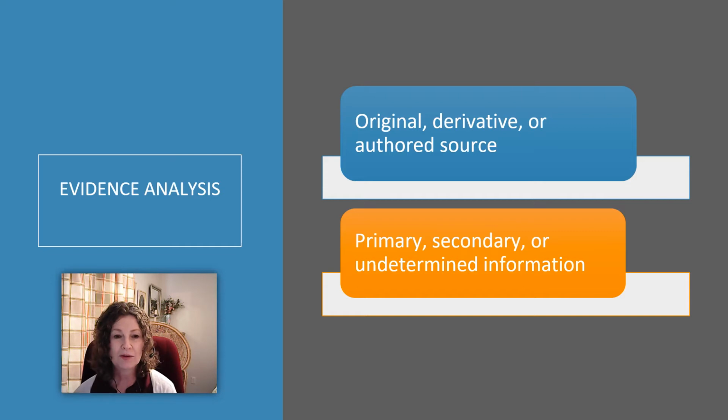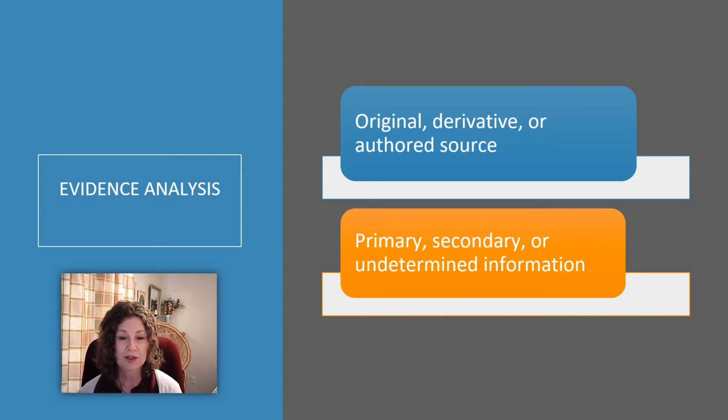Now, as you're going through the source analysis and analyzing the evidence, we can decide how accurate something is by determining if it's an original, derivative, or an authored source. For instance, if we have a death certificate that's good information for a death, but perhaps not so good for a birth, depending on the informant.